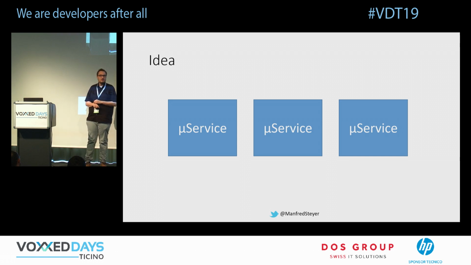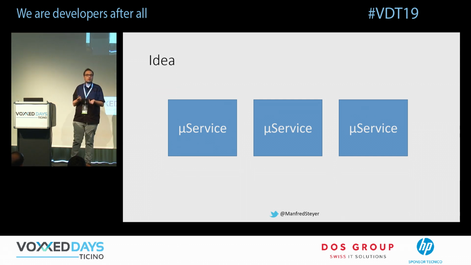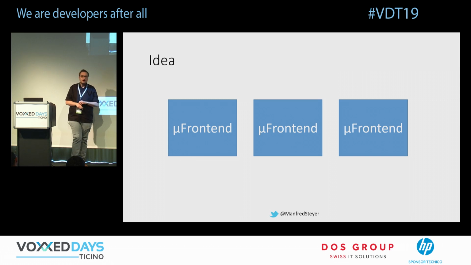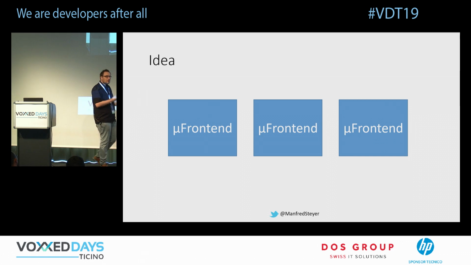Microservices is just a way to put your big system into tiny, hopefully isolated services, services that do not need to know much about each other. If you put this idea into the world of the front end, you will end up with micro front ends or micro apps. A lot of tiny UIs that don't need to know much about each other.